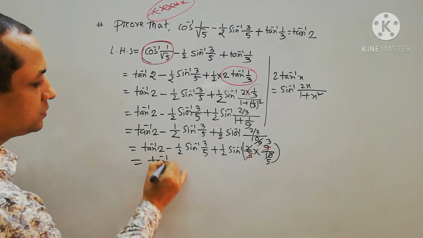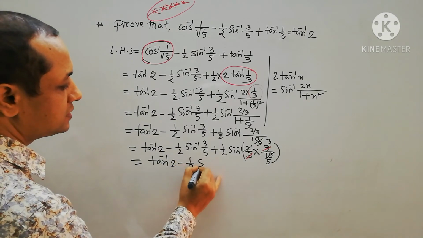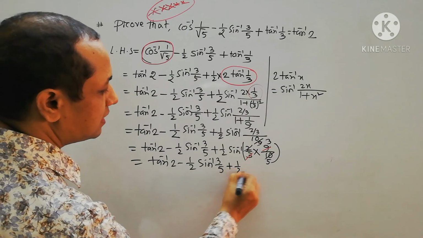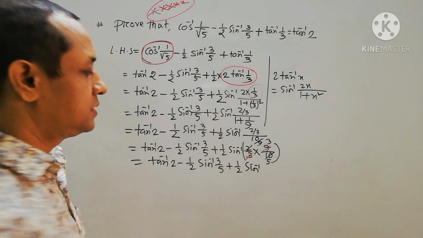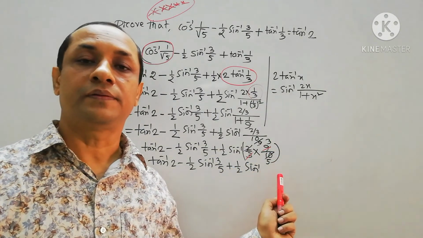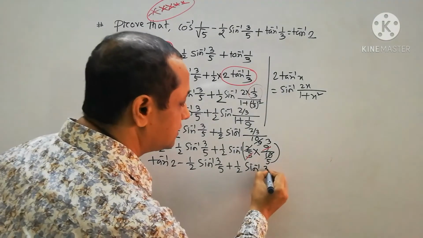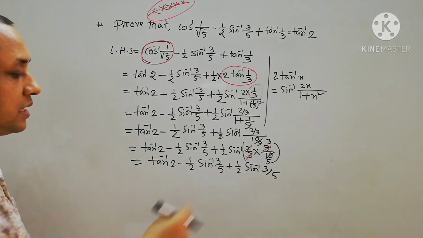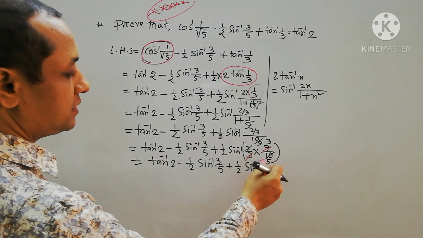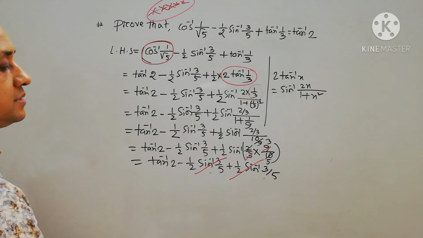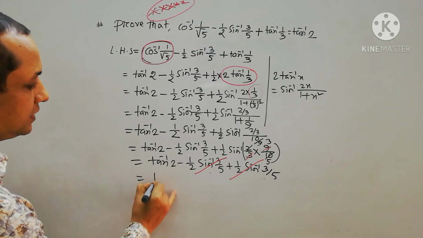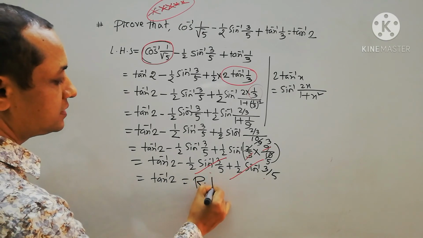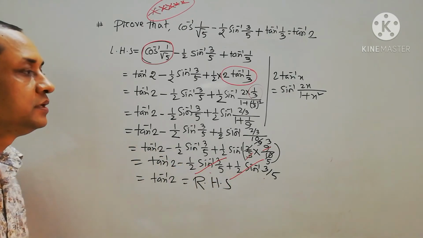Next, here student, half sin inverse 3 by 5 plus half sin inverse 3 by 5. So they cancel. Then we get tan inverse 2 equals right hand side.